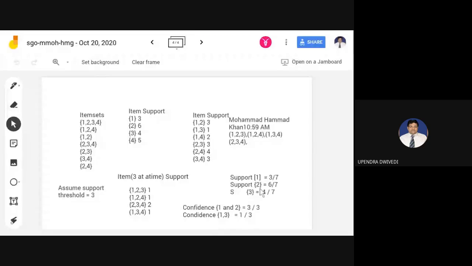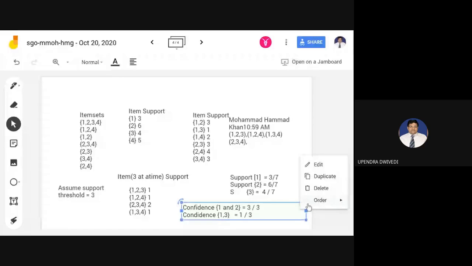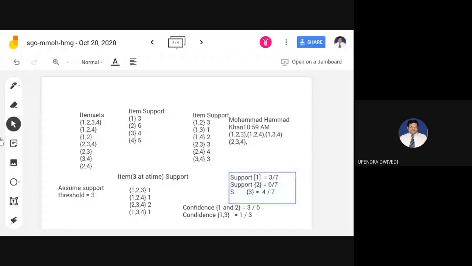If you take the transactions involving 2, that will be 6. There is a slight correction here, so it will be 6. This way, we can calculate the confidence of any given item set.